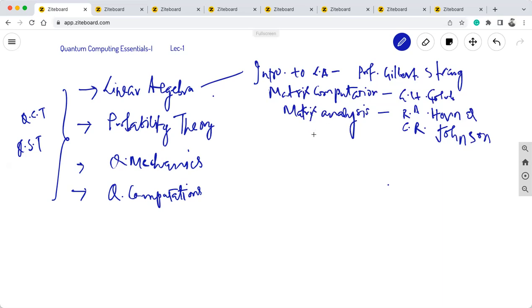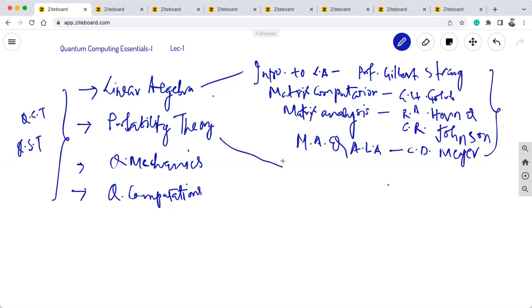There is another good reading known as Matrix Analysis and Applied Linear Algebra by Carl D. Meyer. So we'll be mostly following the literature covered by these books.